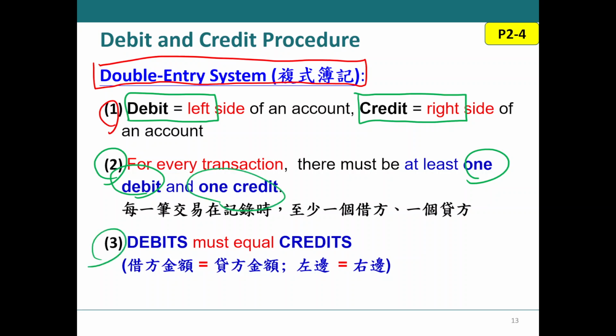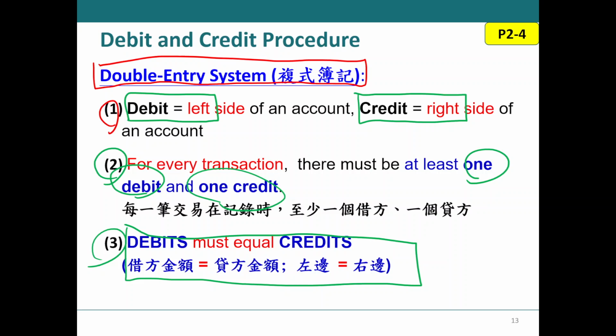Debits equal to credits. Left hand equals right hand. The amount you have on your left should equal the amount you have on the right, right? That will make all the numbers balance. So debits equal to credits. Okay, so the double entry system told you this is how we could double check all the numbers.